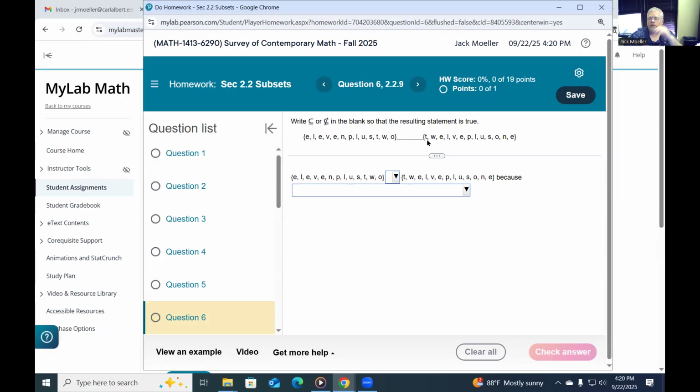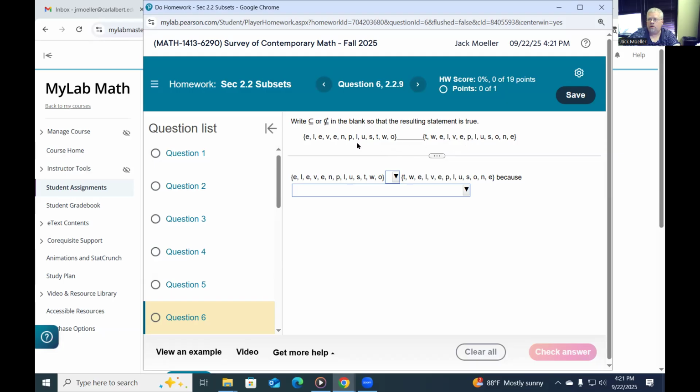Okay. Well, don't get sidetracked by all the fancy stuff. What is the definition of a subset? That every element in the left set has to be an element in the right. So E is on both. L is in both. We don't care about the repeats, so I'm going to skip the second and the third E. V is on the left, D is on the right. We've already done E, N is on both sides, so we're good. P is on both sides, so we're good.